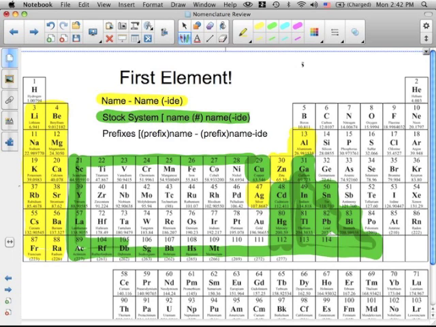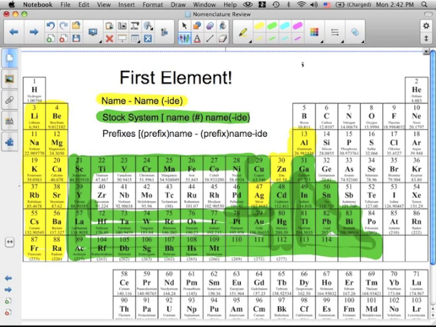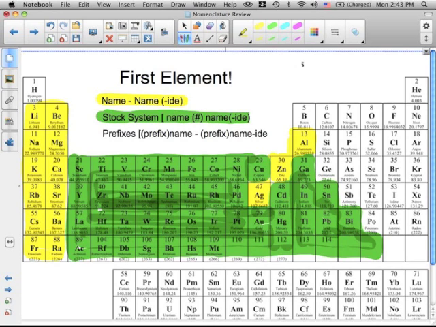Because the transition metals are the ones whose oxidation states vary, those are going to be the ones with this color. I don't like going over it too much just so we can't see it, and I also don't like the white line. There we go. If it is one of those colored elements, you will name it with the Roman numeral according to the Stock system.